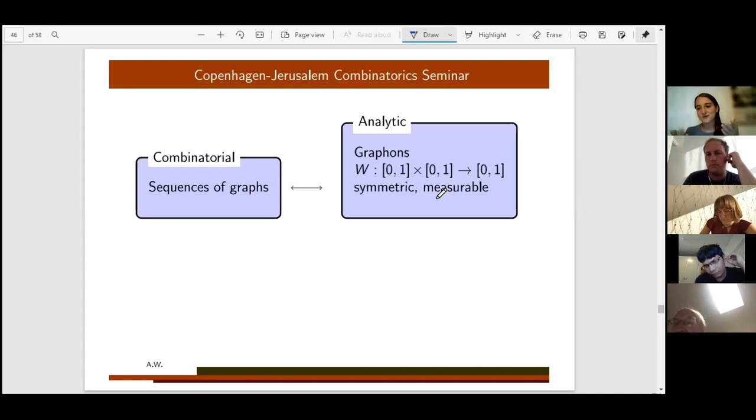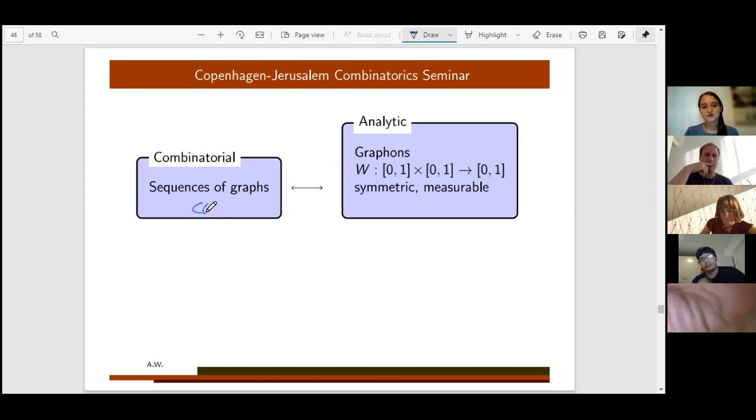When you have a sequence and it converges, then the resulting graphon is measurable. And when you have something measurable, then you have a graphon. Cool, thanks. And here I should probably put sequences of graphs which converge, because random sequences converge too, but not every sequence converges.